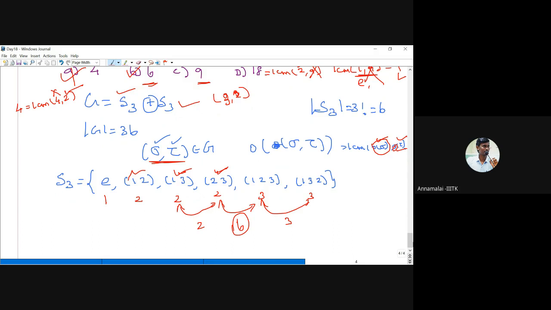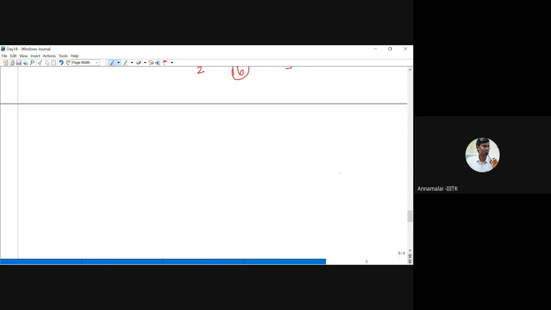The next one also was asked in the same exam. Which of the following are true? Are true, that means more than one option may be true. The first option is Z3 direct sum Z3 is isomorphic to Z9.